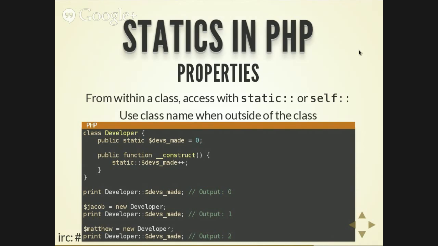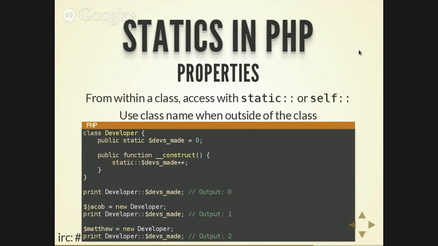So I make a class called developer. It has a static property devsMade. Before I do anything with it, I just want to know developer devsMade: 0. No developers have been made yet. Then Jacob goes to Kitten's code school, and now when I say developers made, it's got a value of 1.